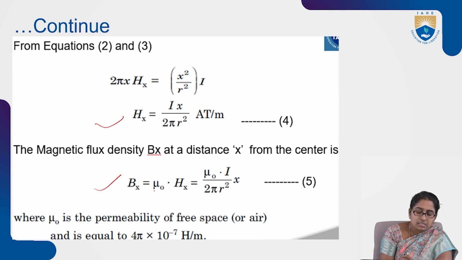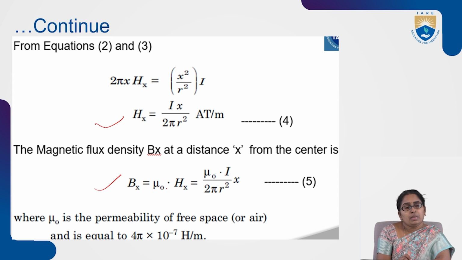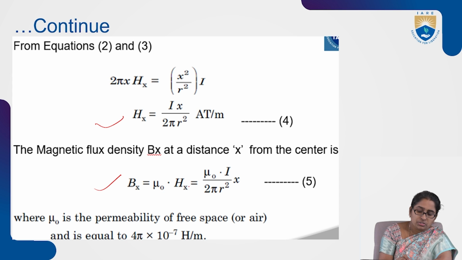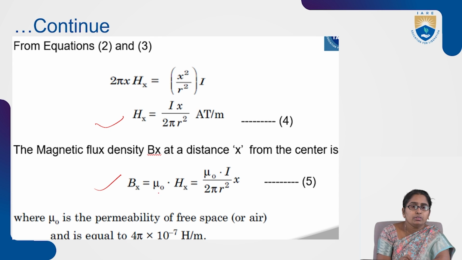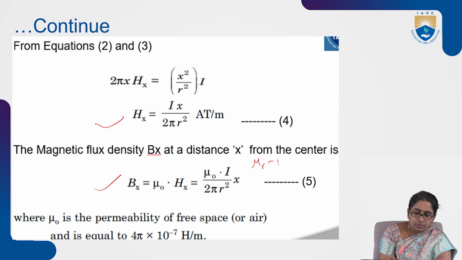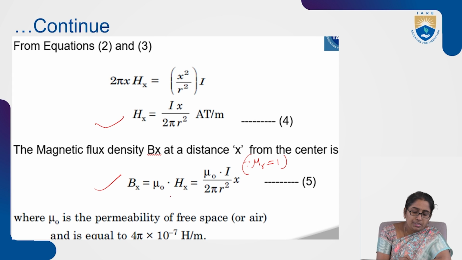So we know from the basic definition that B is equal to mu H, where mu is given by mu naught into mu R. Here mu R is the relative permeability, and for a conductor it is 1, so that is why it is not shown here. So Bx is equal to mu naught into, substituting the Hx expression, I by 2 pi r square into x.